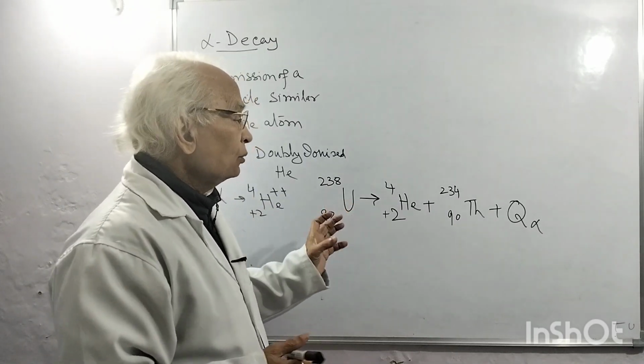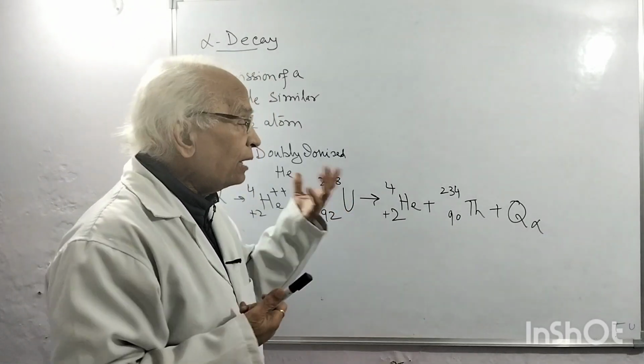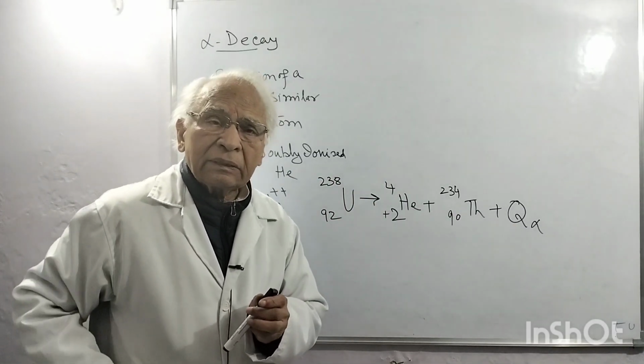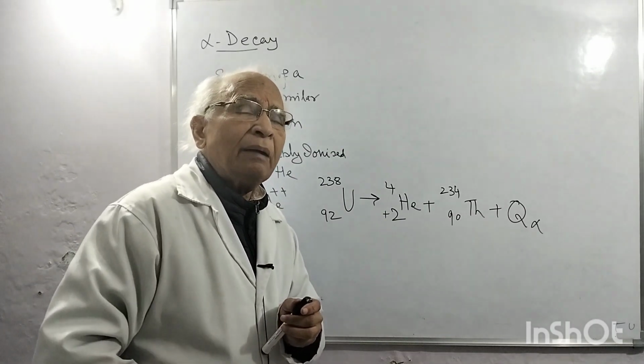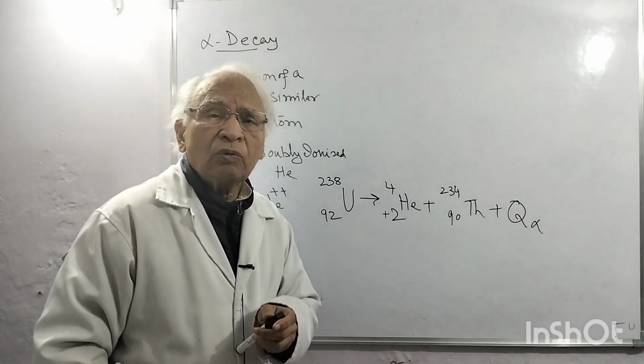Alpha, how? You see, alpha is not inside. So how is alpha coming out? In this, I will not explain the emission of alpha particles. So I am not going to discuss Gamow's theory of alpha decay.